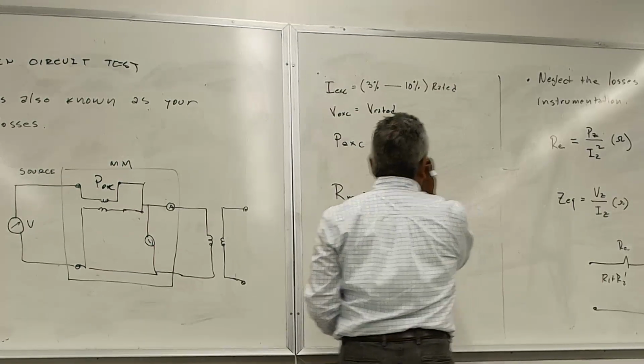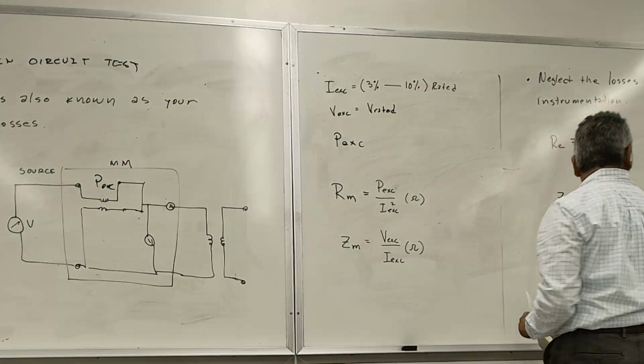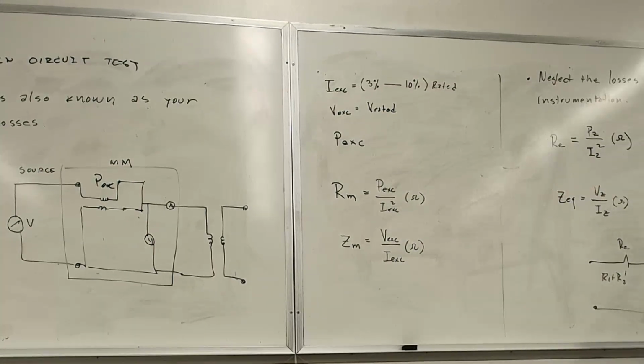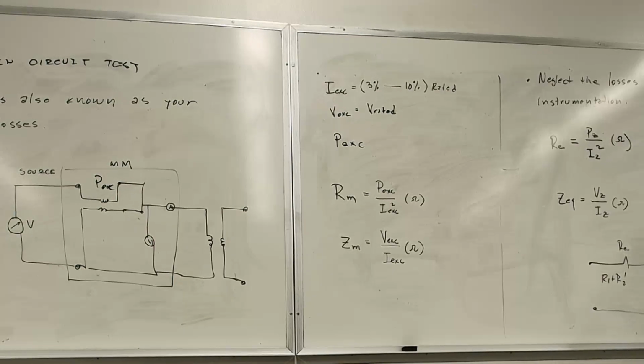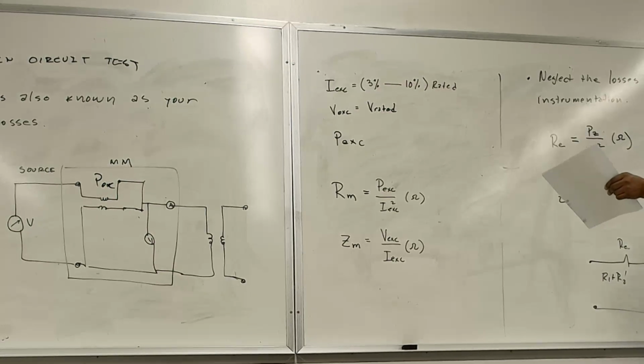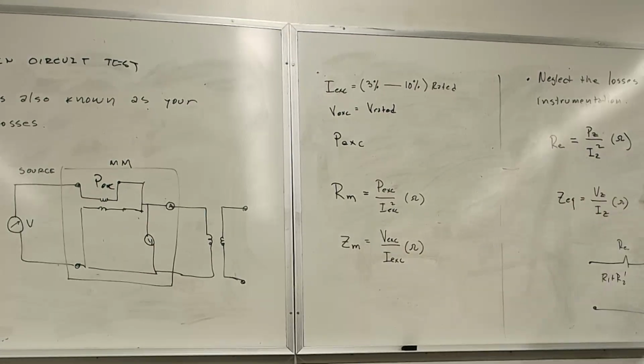So again, we know for the magnetizing branch, this branch right here, this being Rm, and this is X, what do we call XM? Okay, it's a series branch. Okay, so I can compute this using the measurements that I took, but I cannot compute this directly, just like what we did on the copper losses, right?